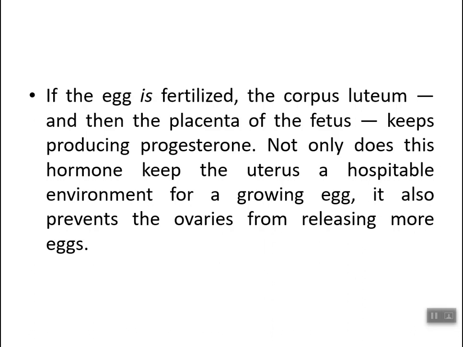Means after ovulation, when the mature ovum is released, the corpus luteum develops for the continuation of the pregnancy. But if the pregnancy is not there, after a few days the corpus luteum degenerates and is also shed during menstruation. And if fertilization is there, the corpus luteum continues its work to produce the hormone.